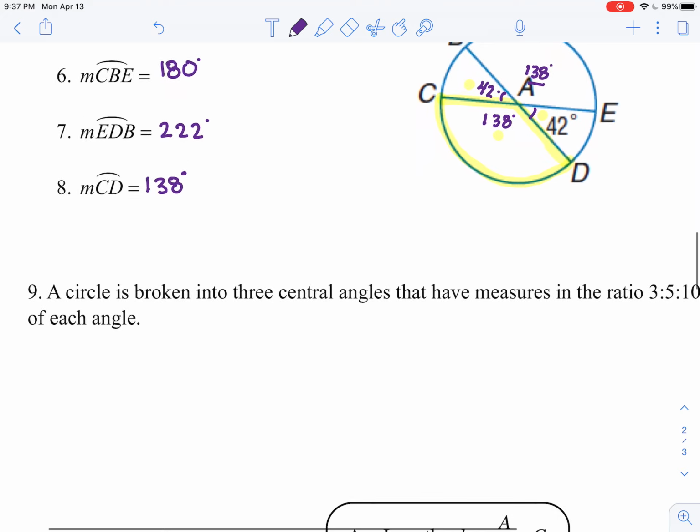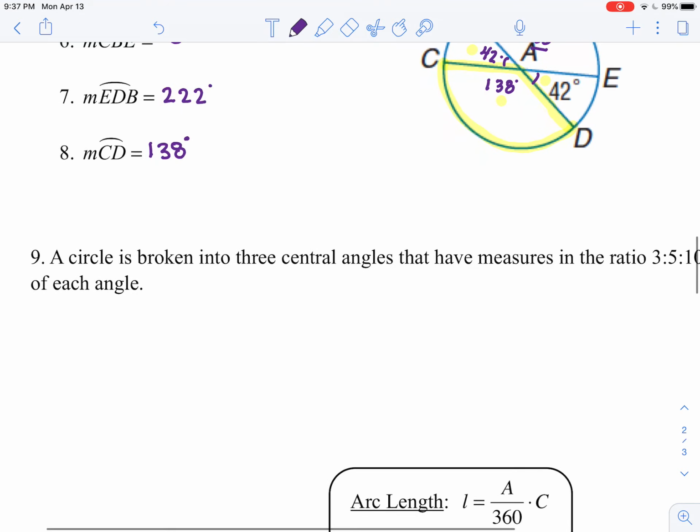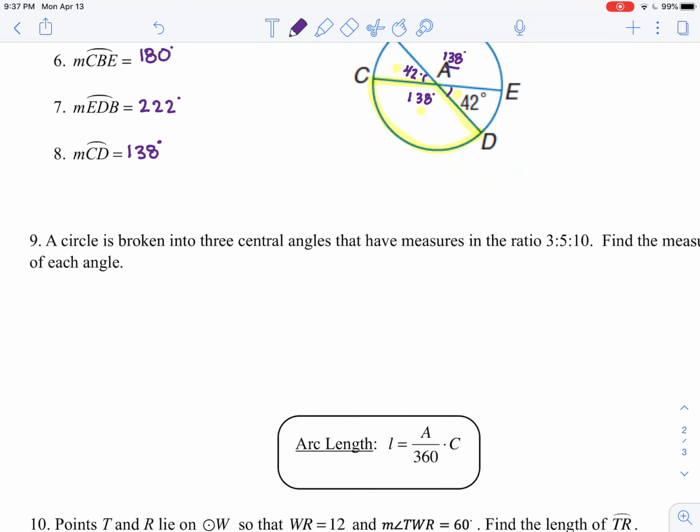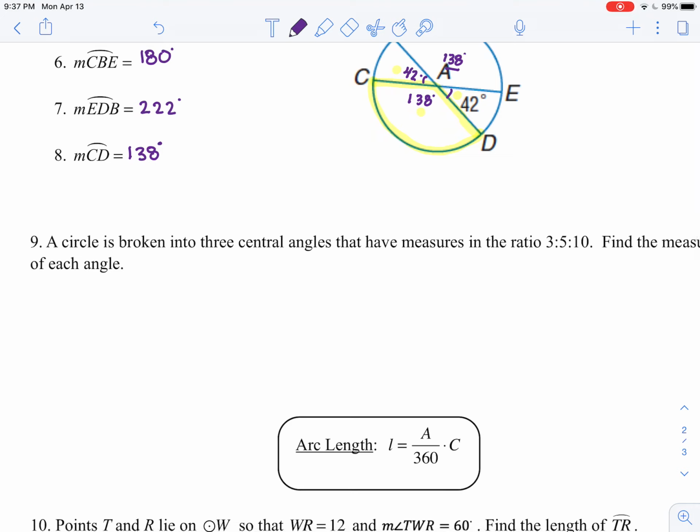In question number 9, a circle gets broken into 3 central angles that have measures in a ratio of 3 to 5 to 10. Find the measure of each of those angles. So remember when we did ratio questions about perimeters or angles of triangles, we're going to represent the measures of each of those angles as 3x, 5x, and 10x.